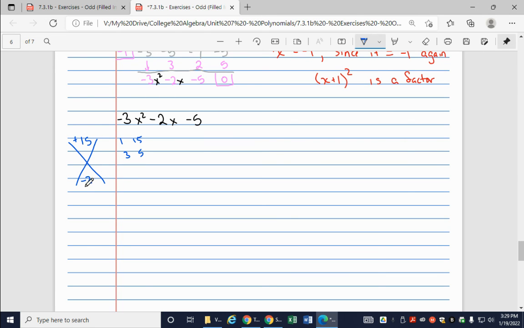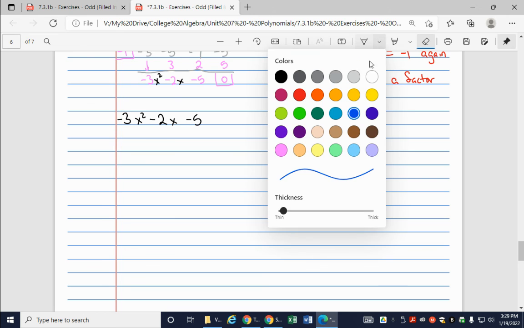Can I get a negative 2 and still get a positive 15 when I multiply? Because I could get a negative 2 if I make this a negative, right? 3 plus a negative 5 gives me a negative 2. But 3 times negative 5 doesn't give me a positive 15. So while it kind of is deceptive, you think it's going to factor, it doesn't. Which means quadratic formula. Yay!